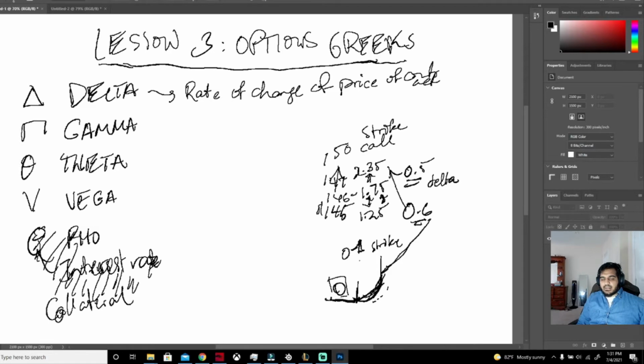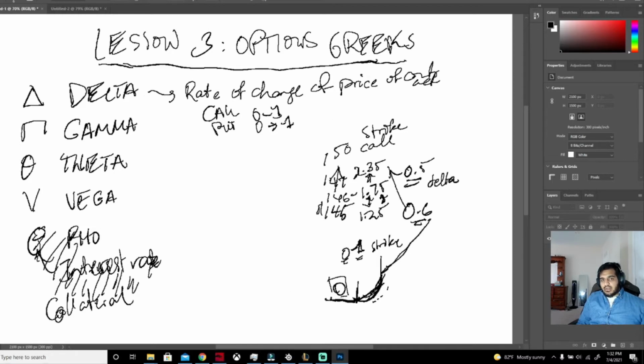So the highest delta you can ever get is a 1. The lowest delta you can ever get is a 0. This is on a call option, so the call goes from 0 to 1. For a put, it goes from 0 to negative 1. The reason is that your delta is going in the inverse direction.